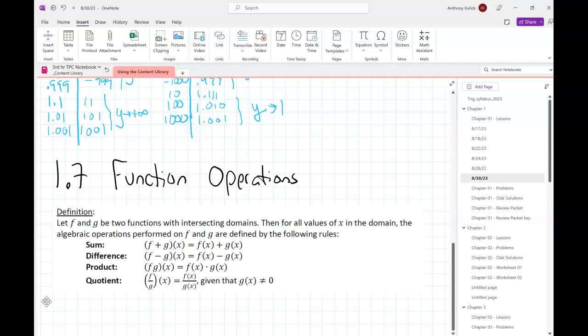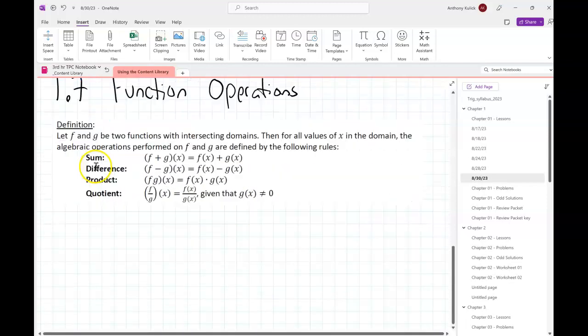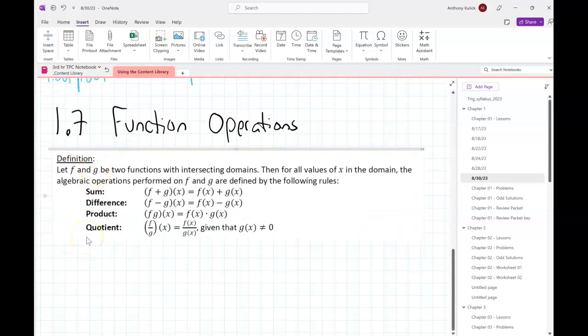So our rules for doing this state as follows. If f and g are two functions with intersecting domains, then for all values of x in the domain, the algebraic operations performed on f and g are defined by the following rules.